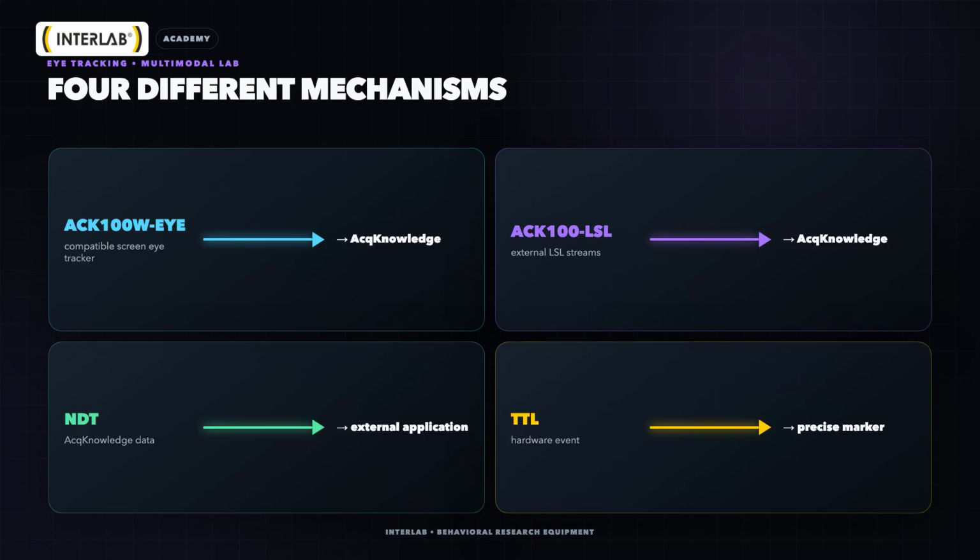If an external application needs access to AcqKnowledge data, NDT or network data transfer is a separate solution. Direction matters. LSL can bring selected streams into AcqKnowledge, while NDT can expose AcqKnowledge data to an external system.